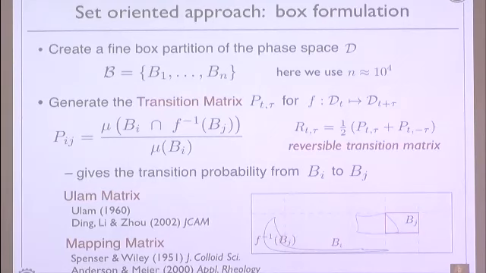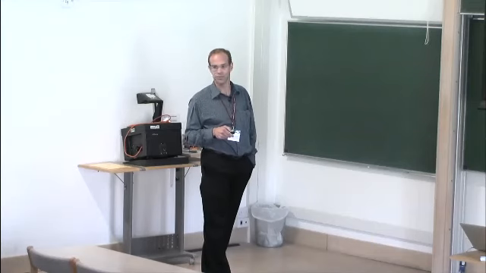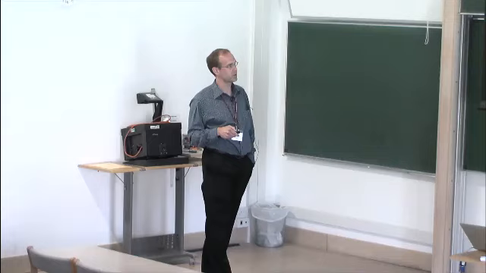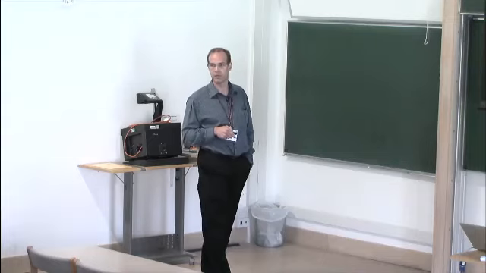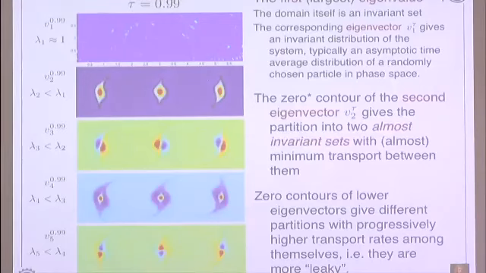That gives us the ijth component of P, normalized by the measure of B_i. It's really hard to do this in terms of the full volume, so we just seed this box with a number of points, and then count the number of points that end up in box B_i. This is an example of what you get out of that.